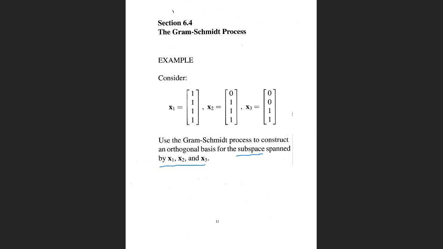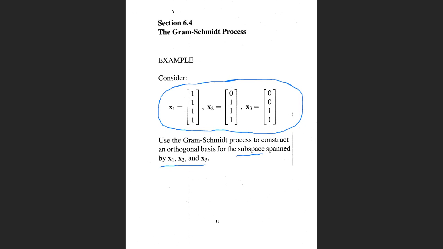Okay, so we have here, again, three vectors that are linearly independent. They live in R4, but the span of vectors x1, x2, and x3 forms a three-dimensional subspace of R4.